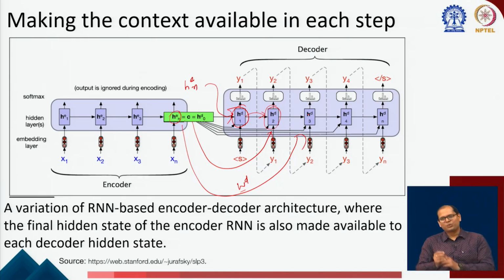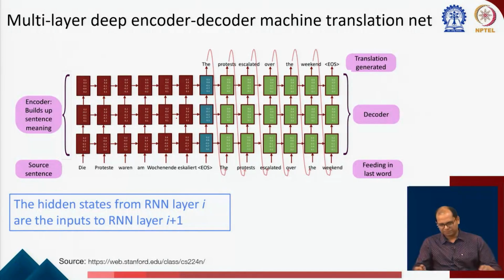This would typically be helpful, because otherwise, at any hidden state like this, the only information it gets about the input is from the previous hidden state. It has no direct connection. So, we can make this connection to ensure that the context vector is passed to each step of the decoder. Okay. So, that is another variation.